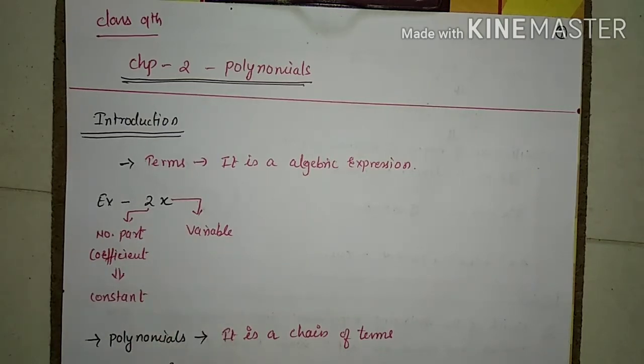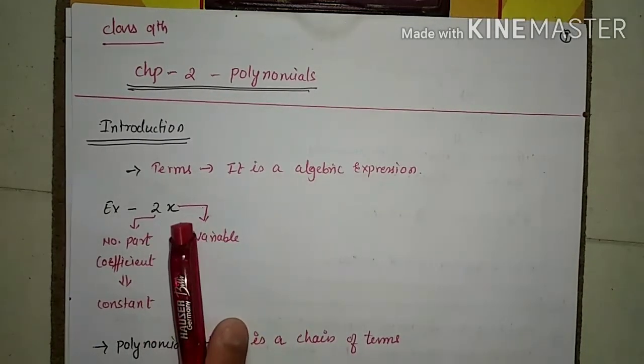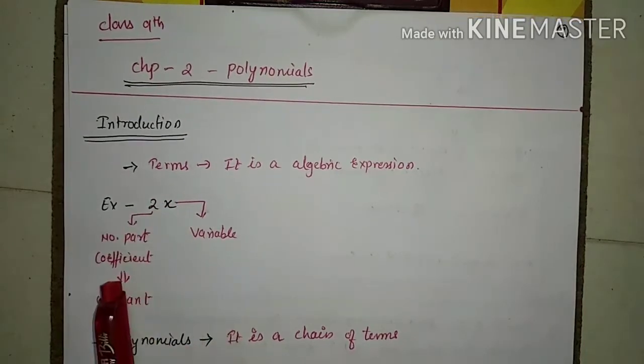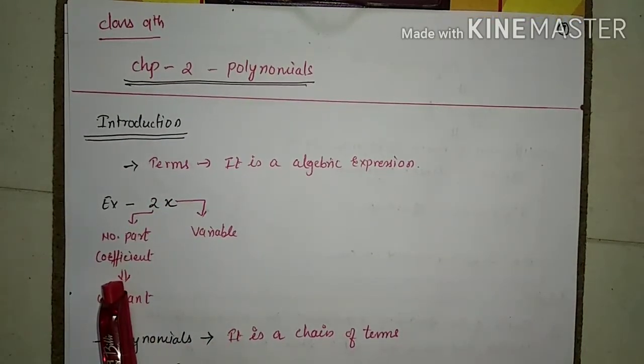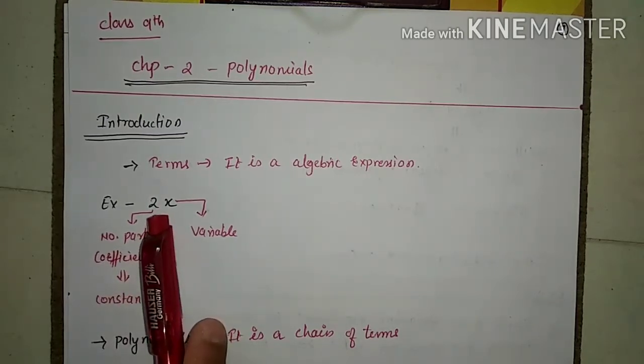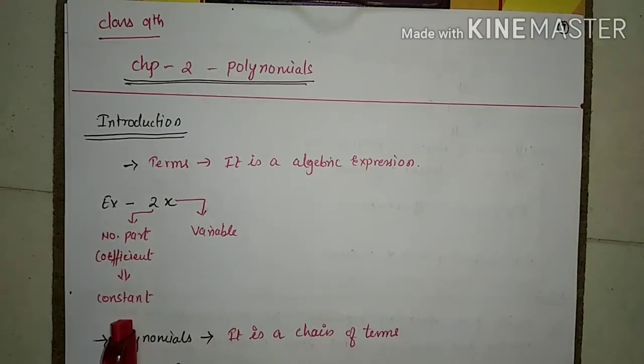Now this term, this 2x, is your term. So this x is a variable and this 2 is a part of this variable, and it is called a coefficient. And this coefficient, the number, always has to be a constant.